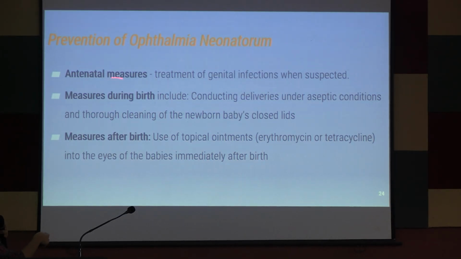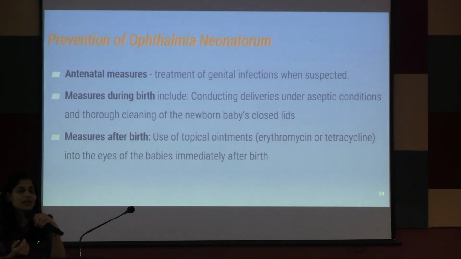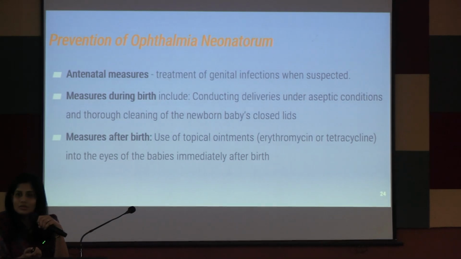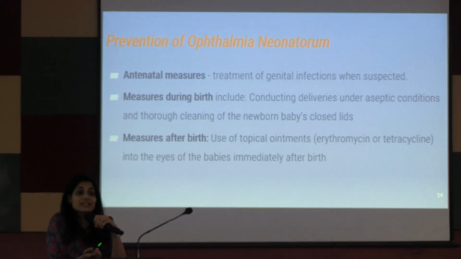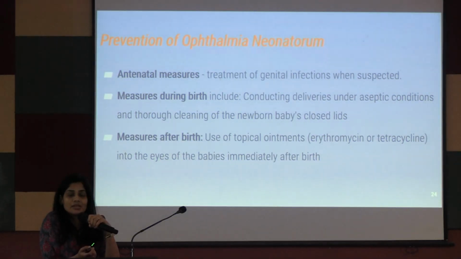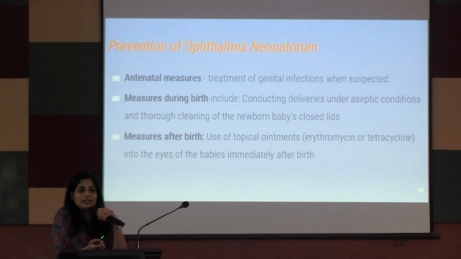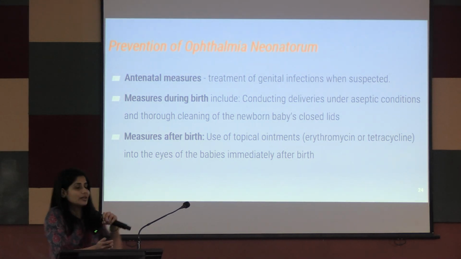What about the antenatal measures to be taken with ophthalmia neonatorum? What were the 5 cleans that we were discussing in the class the other day? 6 cleans of labor. Clean surface, clean water, clean cord, clean hands, right?